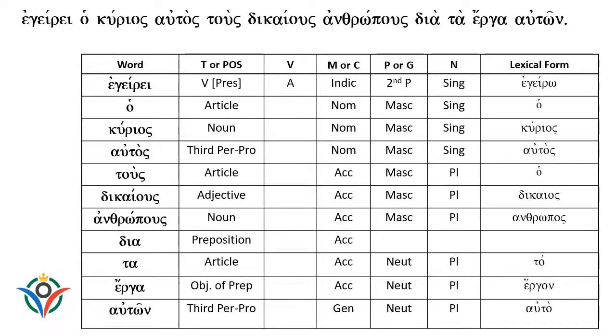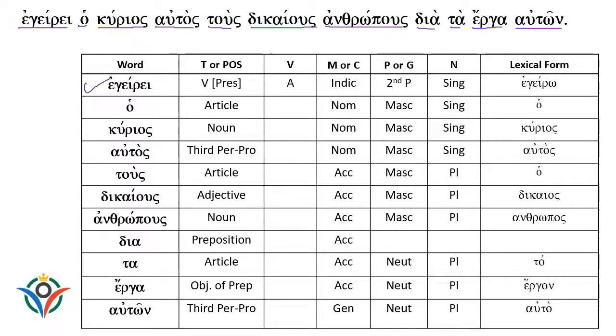The Greek says, egeirei ho kurios autos tous dikaious anthrōpous dia ta erga autōn. All right, so I have placed each word in the parsing sheet and parsed the words for us just for the sake of time. So let's go through each word together.